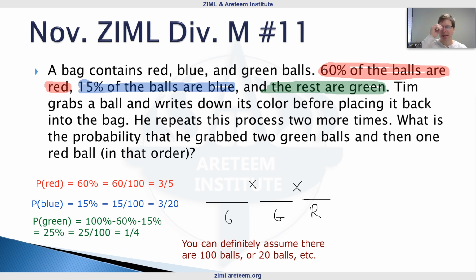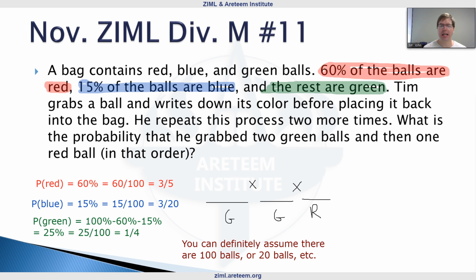But if you're a little confused by the 60%, 15%, or maybe not even confused, but don't want to think about it that way, notice that this is equivalent to saying, okay, 60 red, 15 blue, so the other 25 are green, and then we have exactly the numbers we need there.